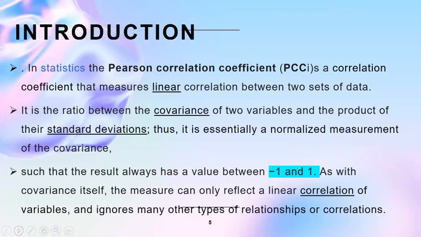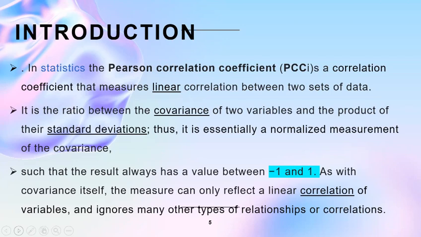Now, a brief introduction. In statistics, Pearson's correlation coefficient, or PCC, is a correlation coefficient that measures the linear correlation between two sets of data. It is the ratio between the covariance of two variables and the product of their standard deviations.